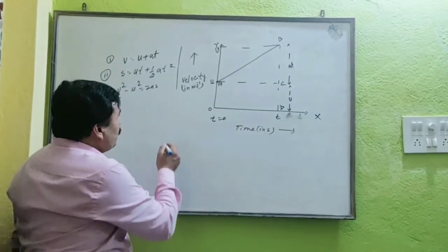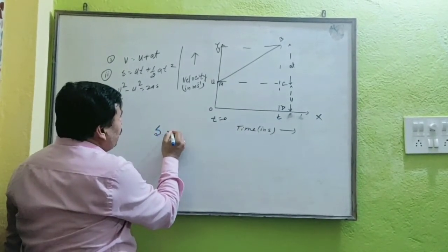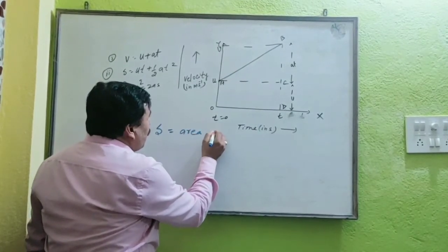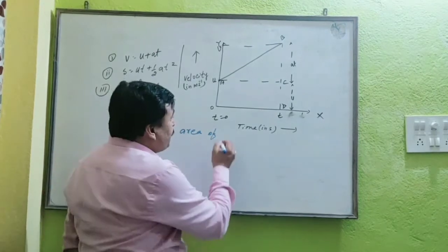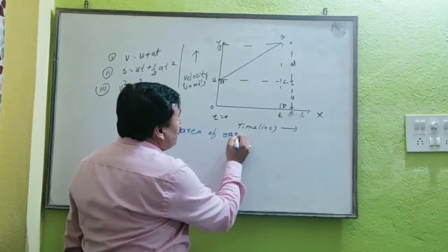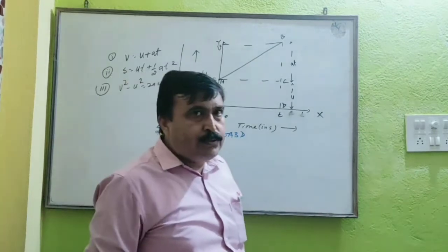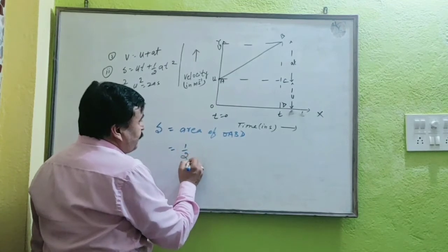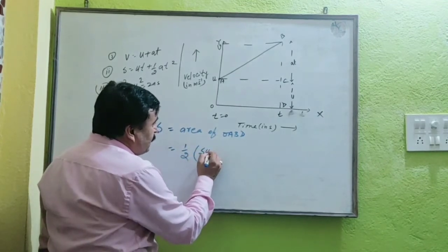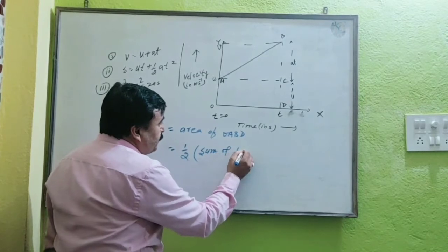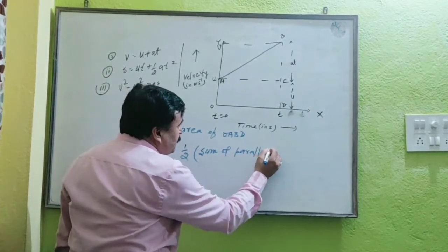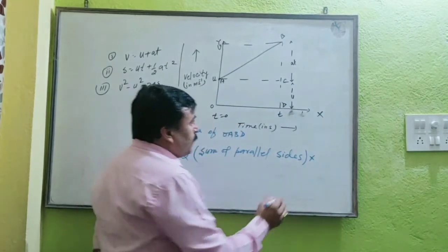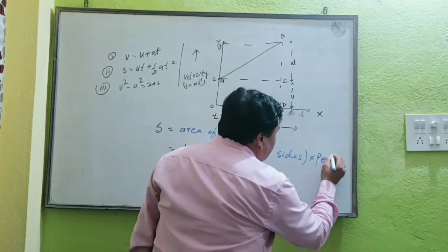So s equal to the area of trapezium OABD. As you know, the area of a trapezium equals half the sum of parallel sides into the perpendicular distance between them.